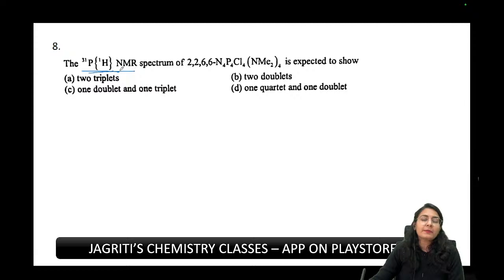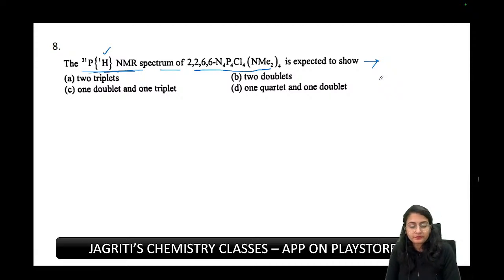31P NMR, which is proton decoupled spectrum of this molecule, is expected to show how many signals and what kind of signals? अब देखो guys, in these kind of questions you have to have some preliminary idea about the structure of the molecule. 2266 N4P4Cl4 NMe2 whole 4.